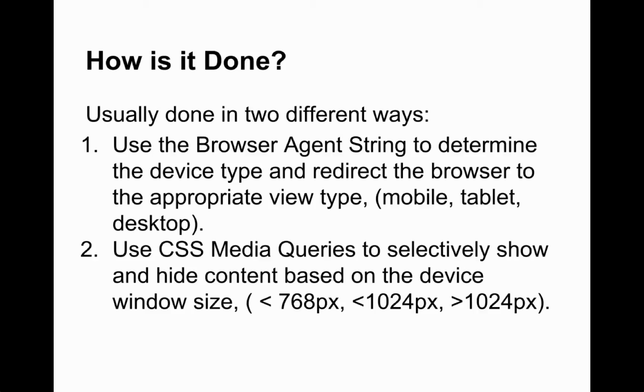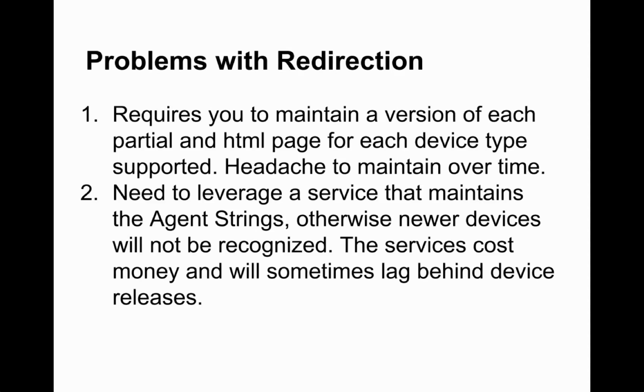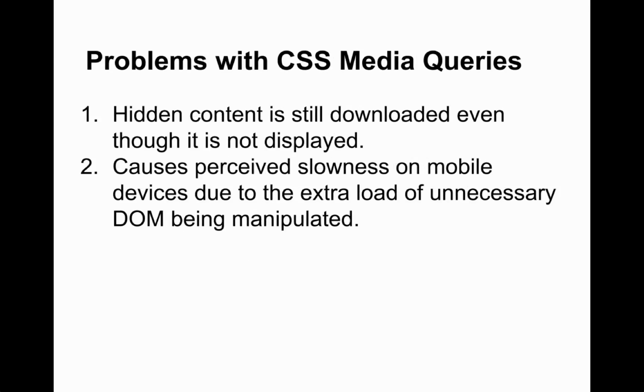So what happens is that that mobile device bogs down trying to manipulate all that hidden CSS or hidden web stuff. Plus, it looks like it's really slow because it's pulling down all these big images over your 3G, 4G network. So that's not really a good solution.